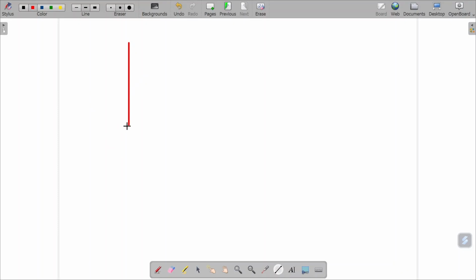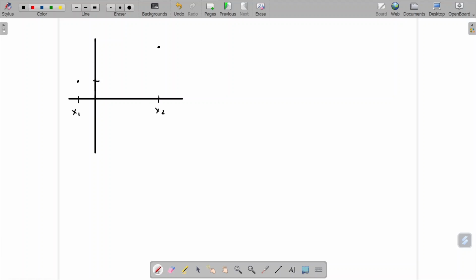If we had a function on a set of axes, doesn't really matter where these points are, and I now had a point here at x and there. So let's call this point here x1 and this point x2.